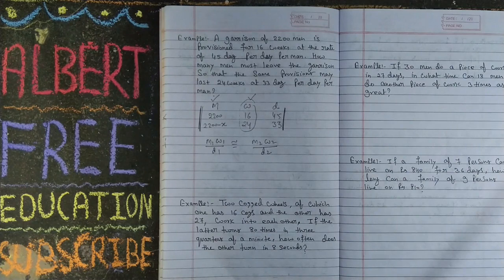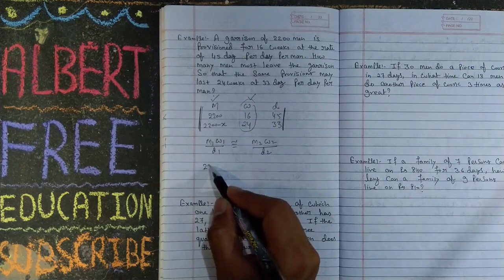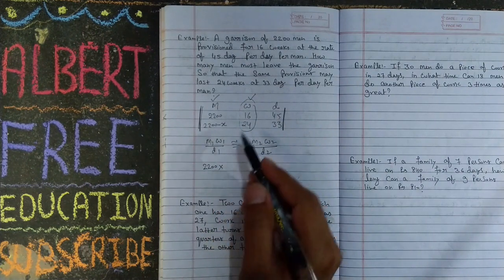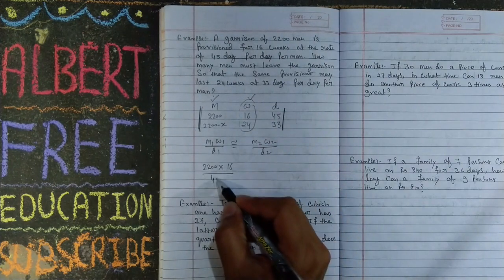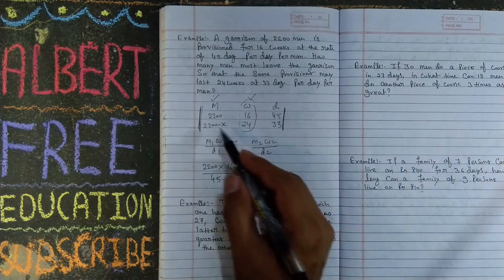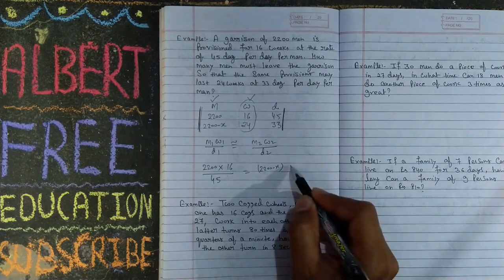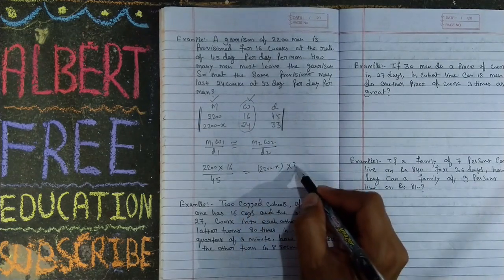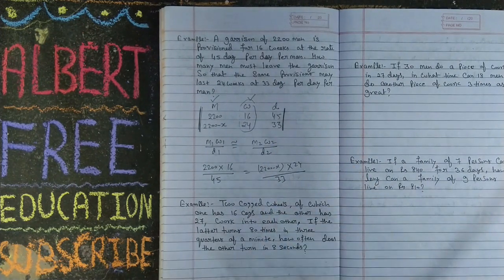So your M1 is 2200, W1 is 16, D1 is 45, equal to M2 is 2200 minus X, W2 is 24 and D2 is 33.